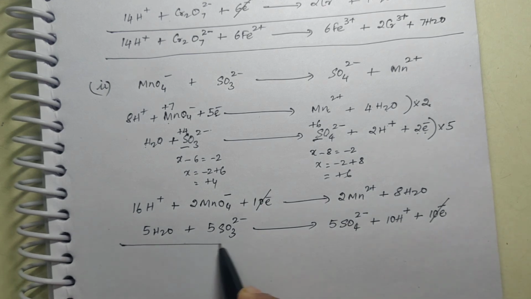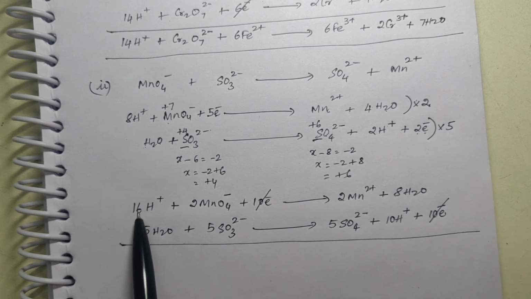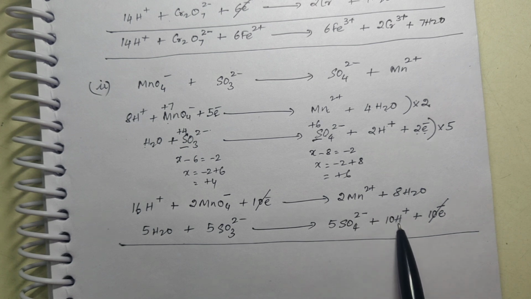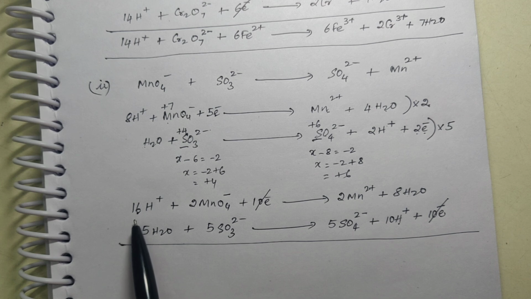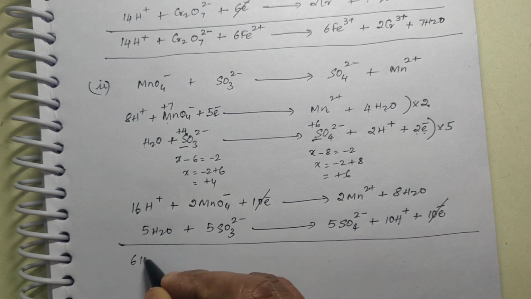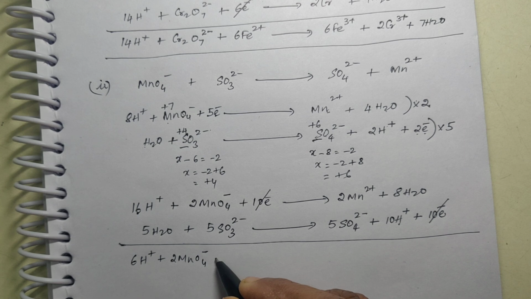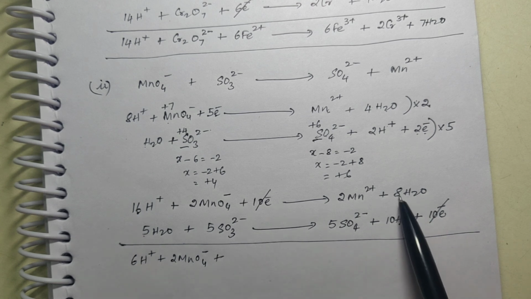So what is your overall reaction now? Here you have 16H+, here you have 10H+. Whichever is less, subtract it from the bigger number, and what is left goes on that side. 16 is greater than 10, so you are left with 6H+. Then plus 2MnO4-, nothing to cancel here. Here you have 5 water, here you have 8 water.